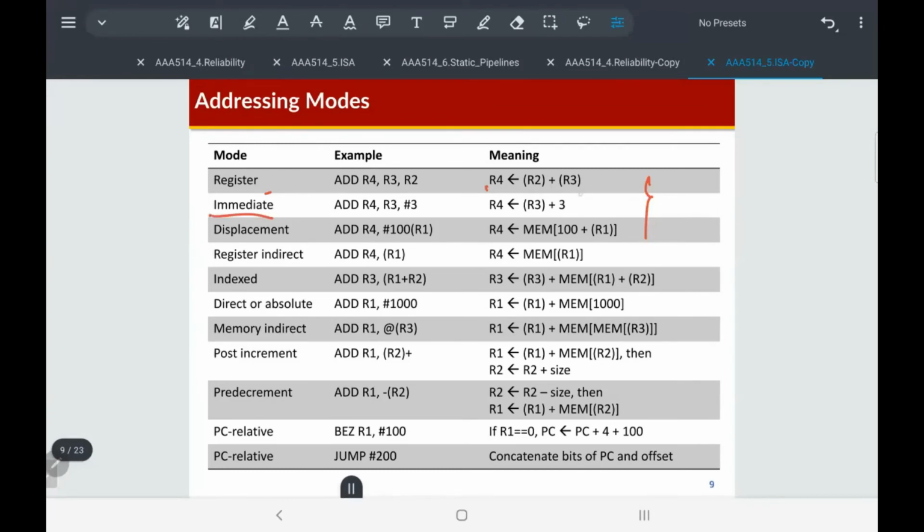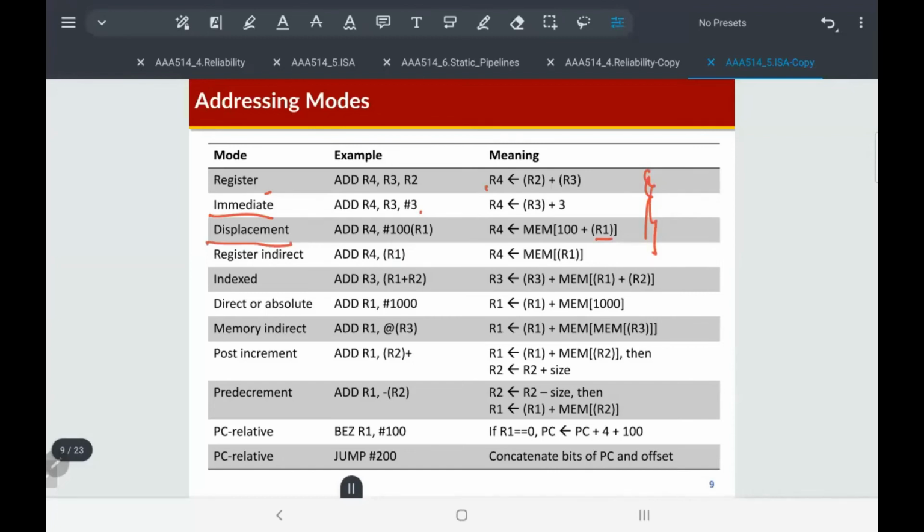Then immediate, where we can use immediate data like this. Also displacement, which for the data transfer instructions in the RISC type ISA we frequently use. The address is calculated by the offset plus the base address stored in the register file. So we are very familiar with these three types of addressing mode.